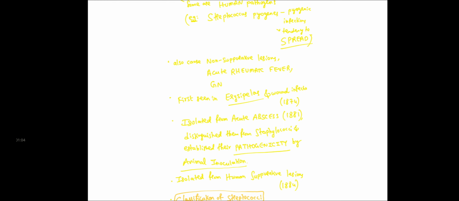Streptococcus pyogenes infections have a tendency to spread.